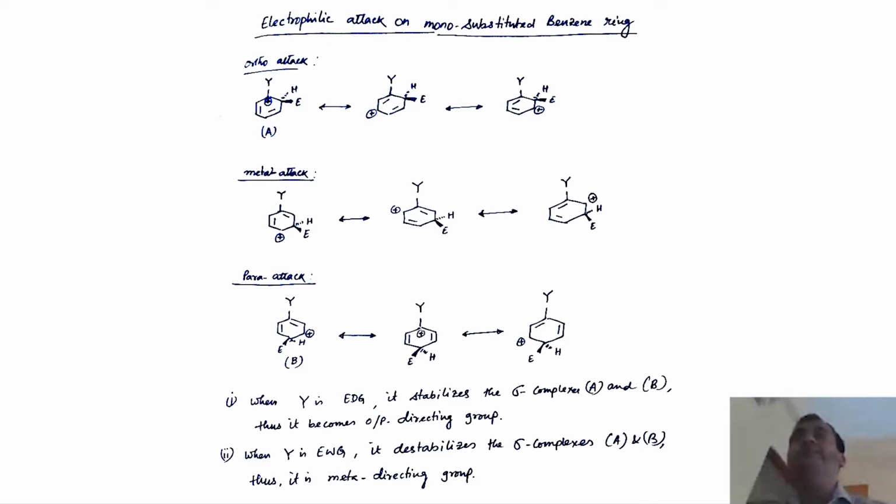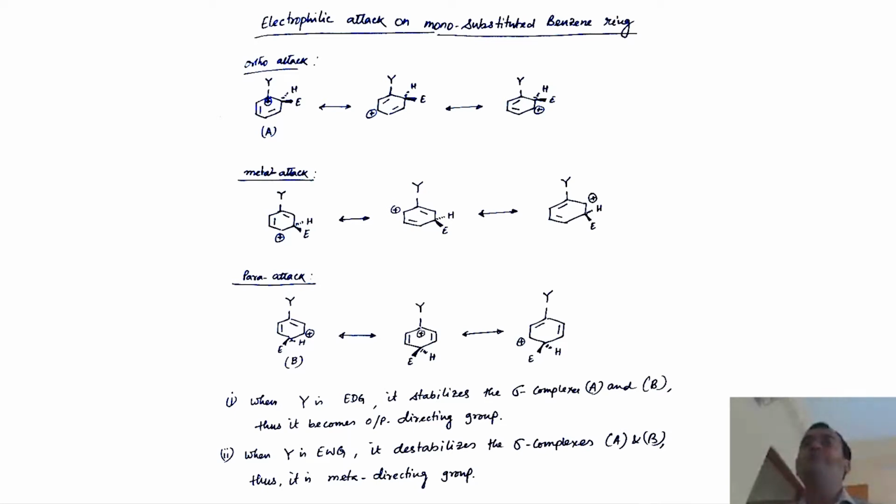But first, let's see how this changes with different electrophilic substitutions. For ortho attack, you see the positive charge is on the carbon adjacent to the substituent. If it is meta attack, then what happens? In the second example, the electrophile comes to the meta position.